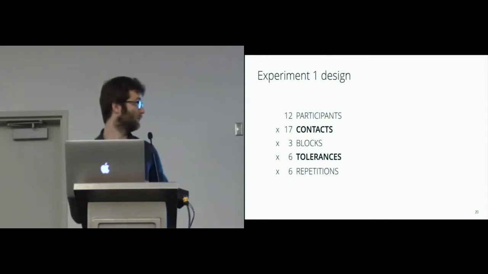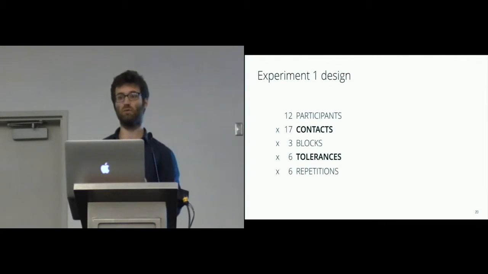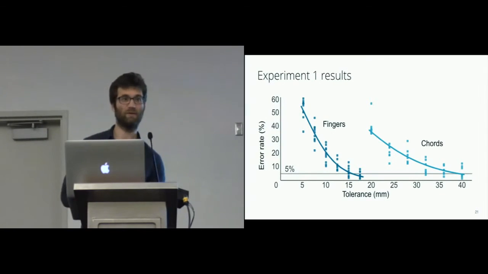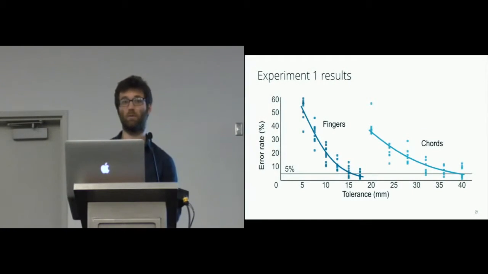For the experiment design, we had 2 primary independent variables: contacts, which cover both chords and fingers, and tolerances. After analyzing the results, we found that for most fingers, a target size above 17.5 millimeters comfortably allows an error rate below 5%, which is in the range of target sizes recommended by the literature.